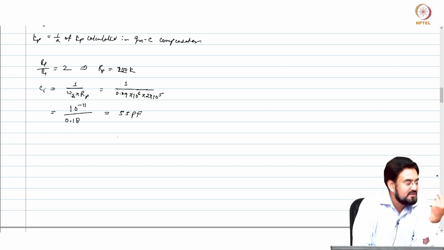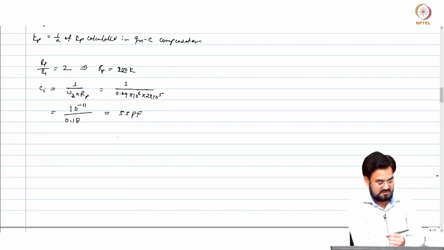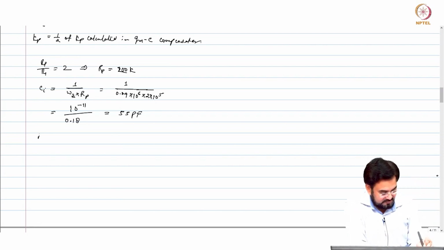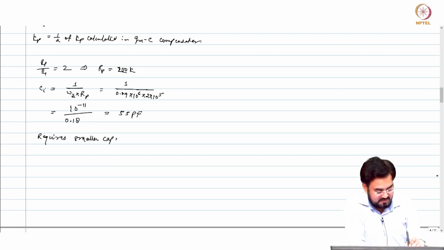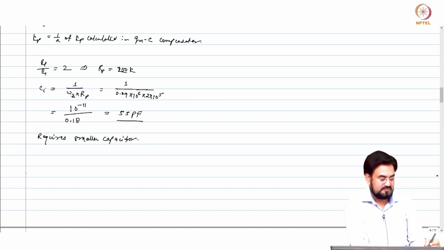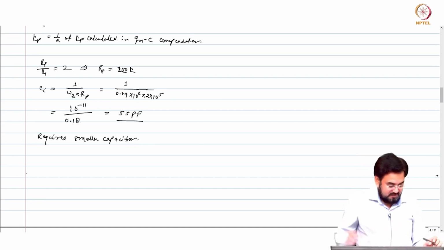So here you can use GM of the op amp as high as possible, depending on the offset, and choosing a higher GM will not affect your capacitor value, because the cap depends only on your R. So that is the advantage here: it requires a smaller capacitor.